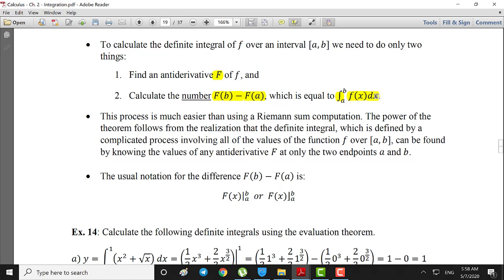So you understand how powerful this theorem is.